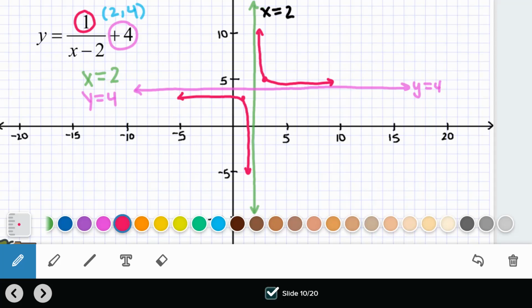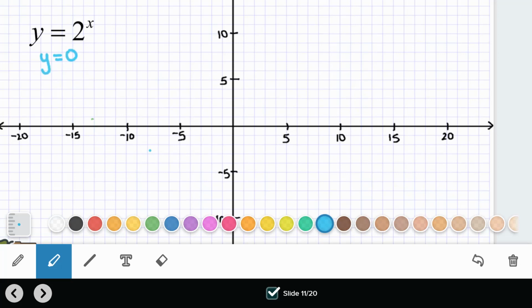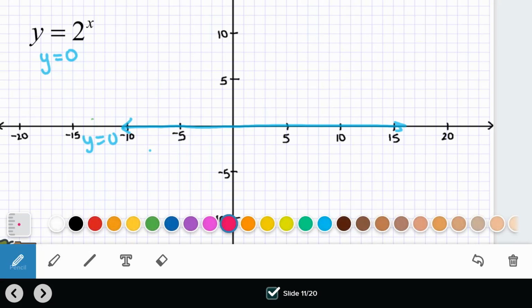Reciprocal function. This one is an exponential graph. And for this, it's going to have a horizontal asymptote at y equals 0. So let me draw that in. And for this, I basically have a regular exponential with a base of 2.